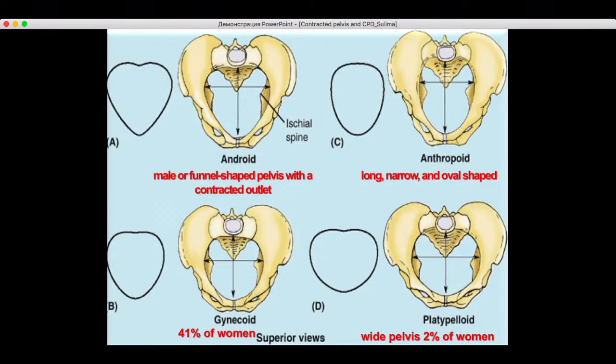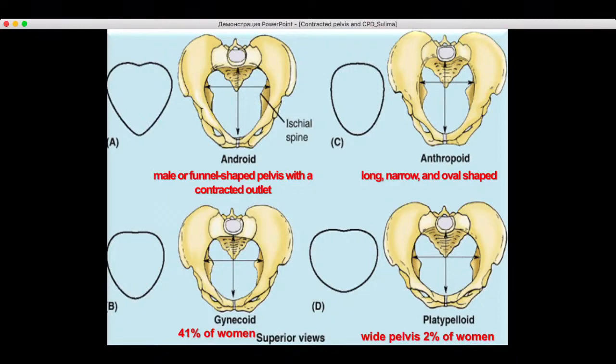The next form of pelvis is gynecoid. This pelvis is found in 41% of women. This is the normal form of female pelvis, gynecoid.